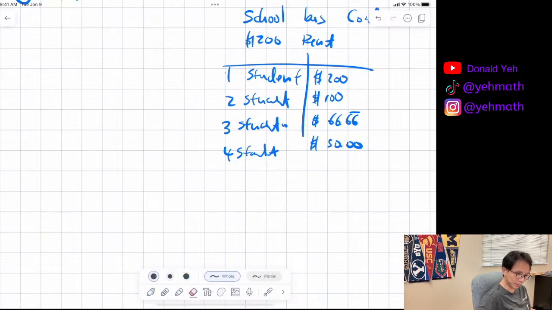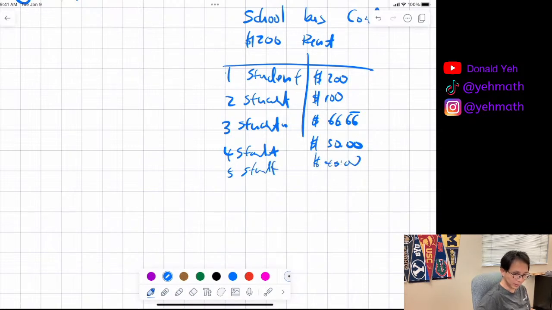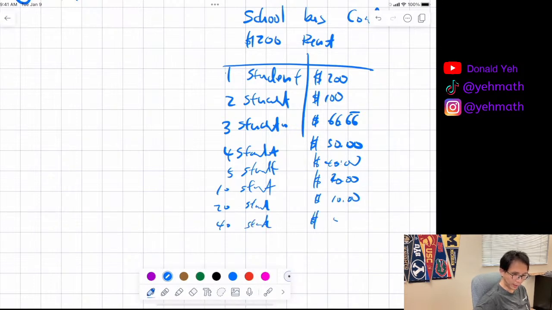How much is 5 students? 40. And 10 students is what? 20, right? And 20 students is going to be what? 10. And 40 students, 5. But if you realize, it actually never goes to 0.